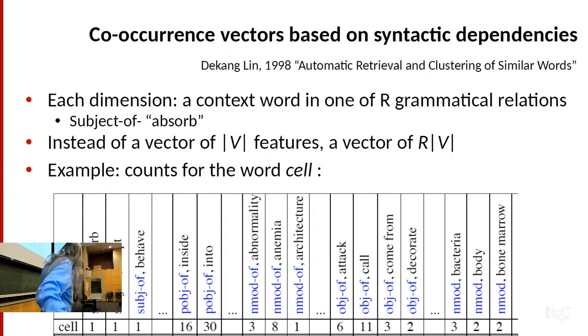We could do that if we had the information telling us what the subject of the verb was and what the object of the verb was. So instead of having the previous word, or up to four previous words and next words, what we could do for a table when we're extracting the information is say: I'm going to have subject, I'm going to have object of, if I'm looking at verbs. Or if it's an object, I could say what's the verb of this.